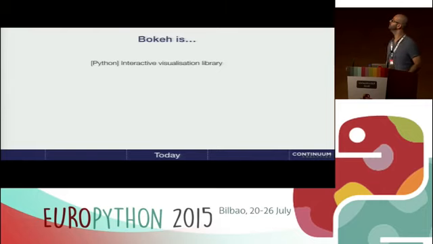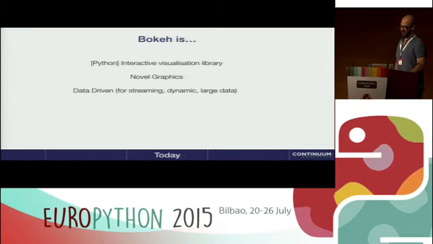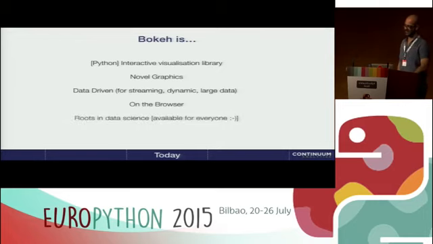Python, but not only Python. We'll see more about that later. It lets you do novel and beautiful graphics, very data-driven, that lets you do dynamic streaming, large data crunching on the browser, and it has deep roots in data science, but it's really available for everyone.